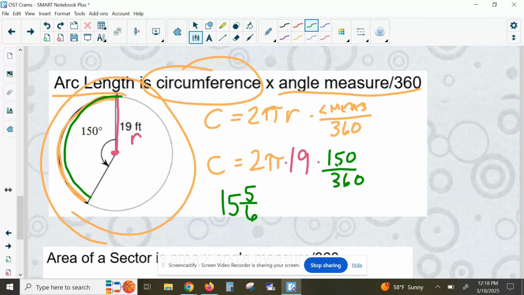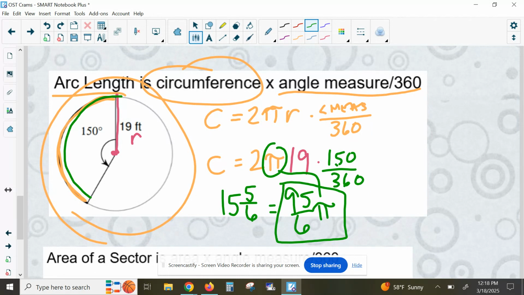Okay, if I want to change that to improper, I could hit the second ABC button, second ABC equals, and it's going to give me 95 over 6. And then don't forget to put the pi on the end of it. So sometimes they leave the answer just like that. In other words, they multiply all the numbers together and leave the pi sitting on the outside.